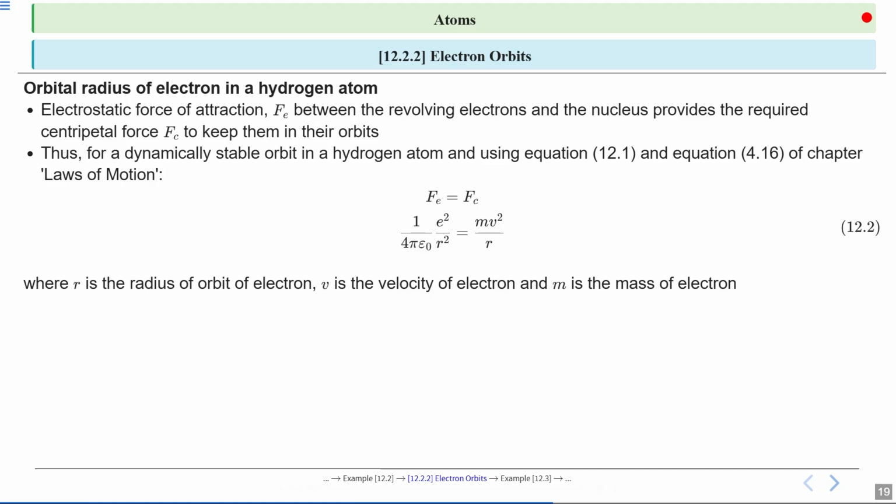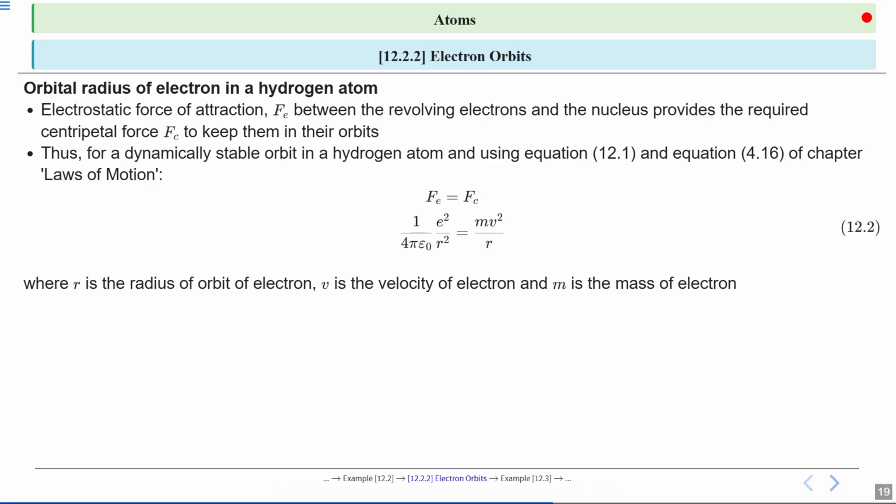Okay, so let's write out the full expression for both cases. What is the electrostatic force according to equation 12.1? That is 1 by 4 pi epsilon naught e square upon r square. What is electrostatic force between two charges? It is given by 1 by 4 pi epsilon naught q1 q2 upon the square of the distance between them.